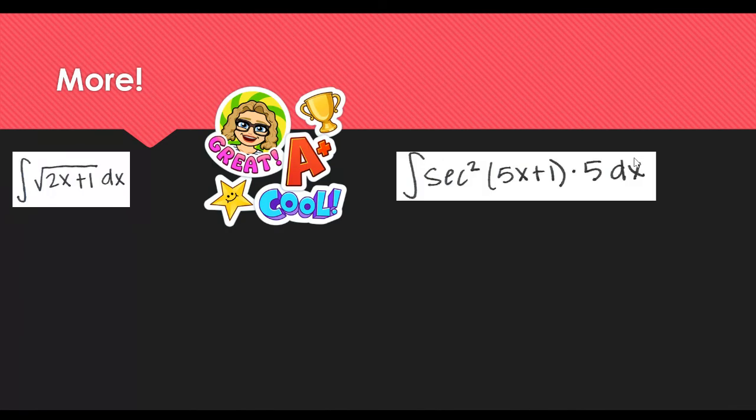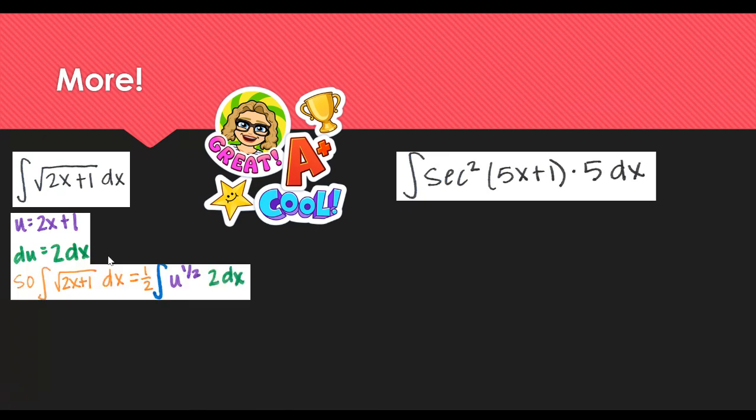We're going to do a couple more here. So this one, we have the integral of the square root of 2x plus 1 dx. So I'm going to let u be my inside stuff, 2x plus 1. The derivative of that would just be 2 dx. But if I look in my problem, I don't have a 2, right? That means I have to put a 2 in.